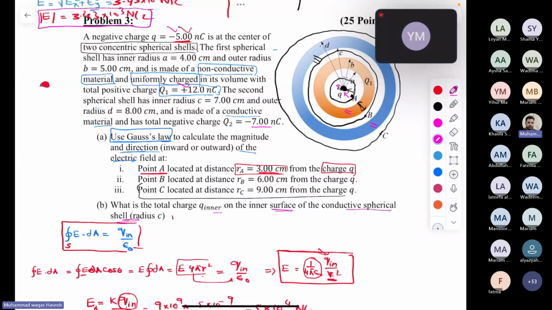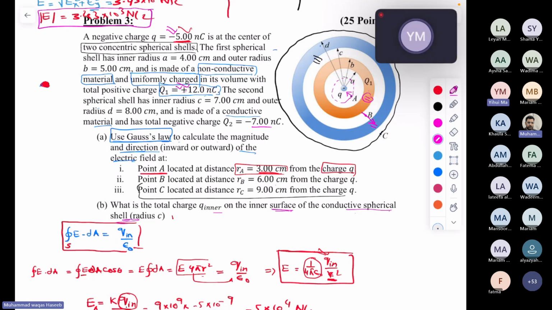Let me explain to give you a good idea. At point A, this is a negative charge and the Gaussian surface is like this. At this point, the electric field has to be in this direction. But for point B, this Q1 is much greater than this charge, so the direction has to be with the bigger charge, Q1, which is outward.